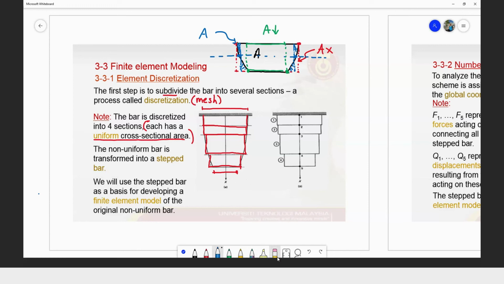So kalau tengok dalam these figures dekat sini pun, if you look closely, this is where the separating point that we use in order to generate the uniform cross sectional area of kita punya elements lah. So kita ada element number 1, element number 2, kita panggil dia element number 3 and element number 4.